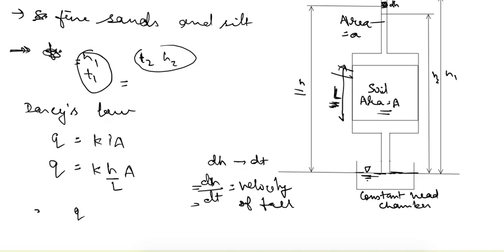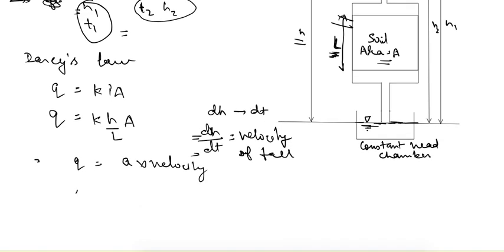So discharge we know is the area times velocity. So from here we can write Q is equal to a, where small a is the area of the standpipe, times minus dh by dt. So why am I putting this minus?